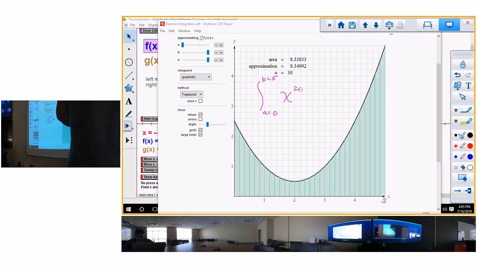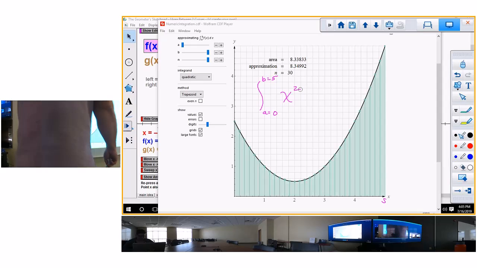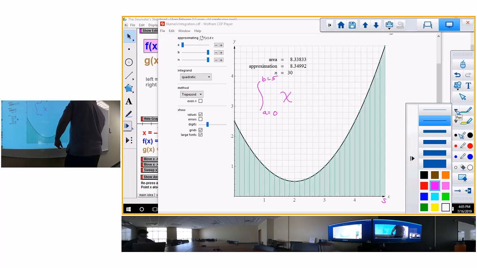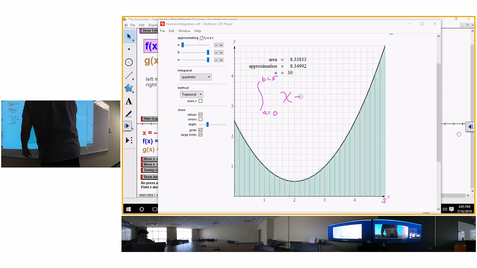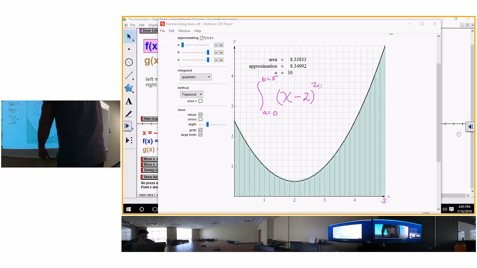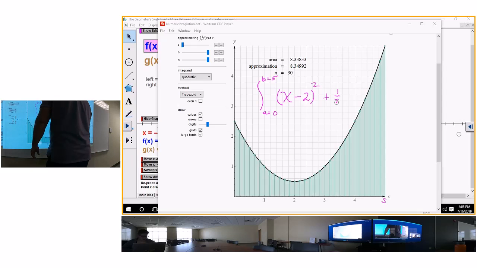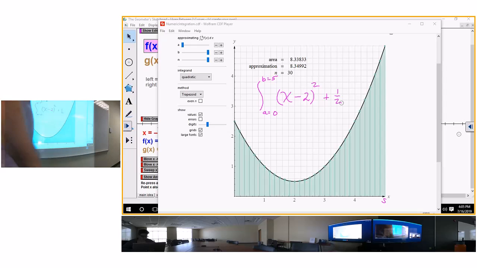I can tell it's got a horizontal shift of 2, so that's going to be (x minus 2) quantity squared, plus, I don't know, plus 0.5 maybe, plus 1/2. Okay, so that's the way this would be set up.